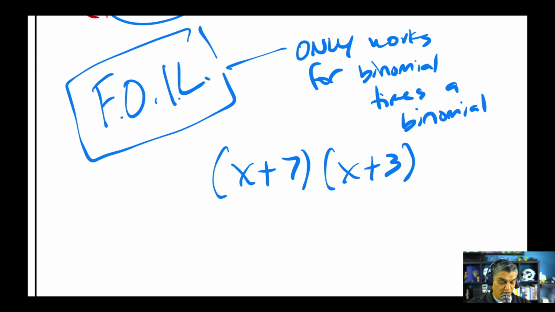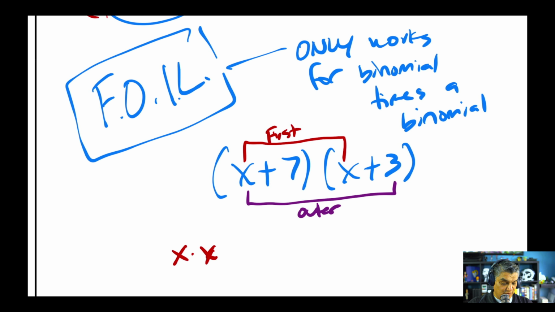And let me explain what FOIL means. FOIL is just the order, because all two things in here have to multiply with all two things in here. And so FOIL is just an organized way of doing that. First terms, so multiply the first terms. So x times x. Next, multiply the, what's O? O is outer terms.